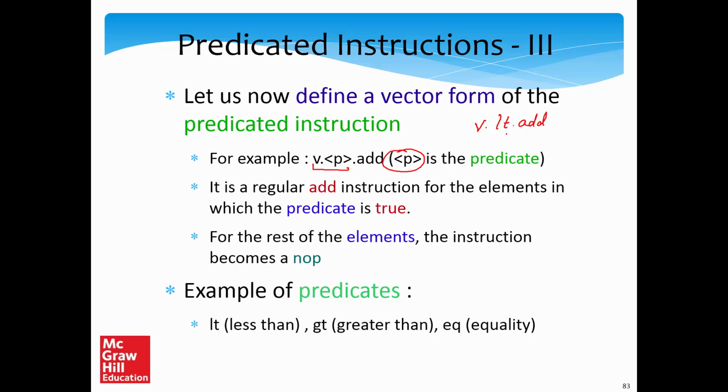This basically means that for all of those elements inside the vector register where the previous comparison led to a less than, we only perform the addition. So it's a regular add instruction for the elements in which the given predicate, which is less than, is true. For the rest of the elements, the instruction becomes a no-op. Let's look at some common examples of predicates. LT is less than, GT is greater than, and EQ is equality.